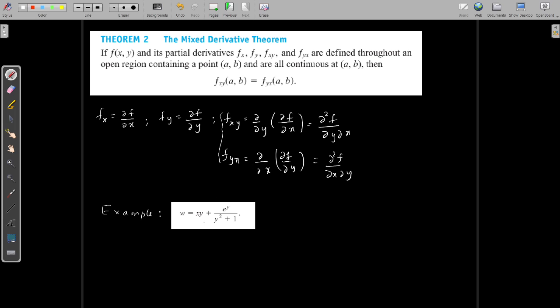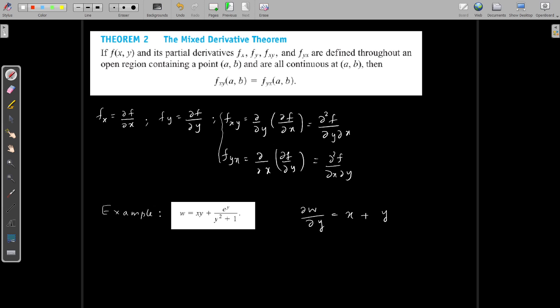We can verify the mixed derivatives of this function w equal to xy plus e raised to y divided by y square plus 1. First you evaluate dw by dy. That is x, the derivative of xy, plus the derivative of e raised to y by y square plus 1.